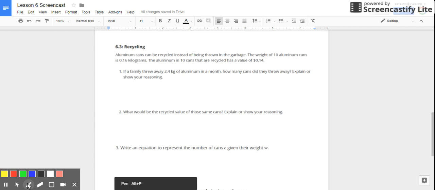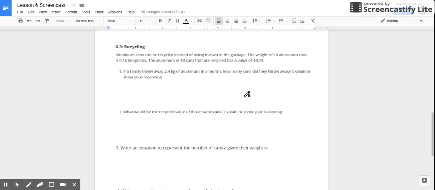So I always just go straight to making a table because I think it's easier to see. In this problem, we're talking about the weight of the can, and we want to know how many cans they threw away. Looking back up here, the weight of 10 cans is 1/1600 of a kilogram.